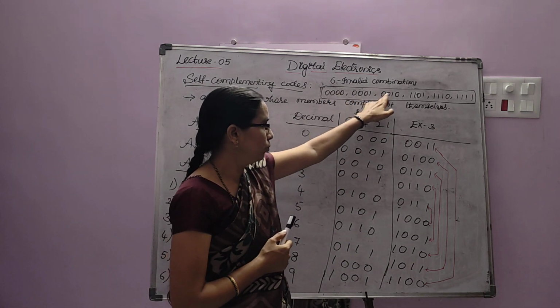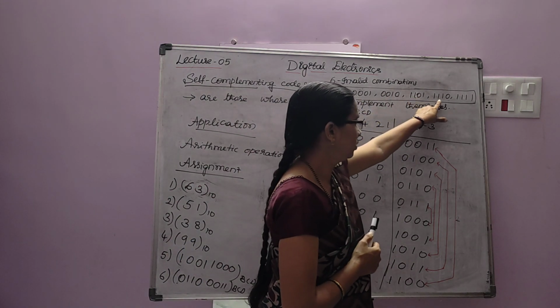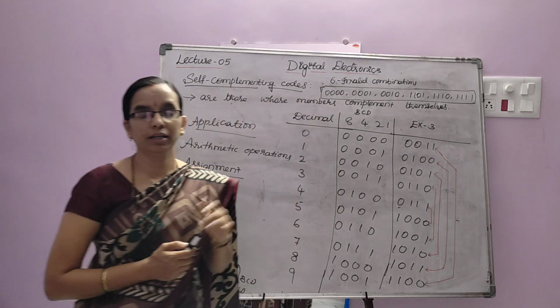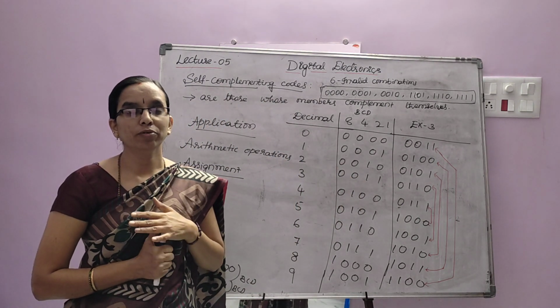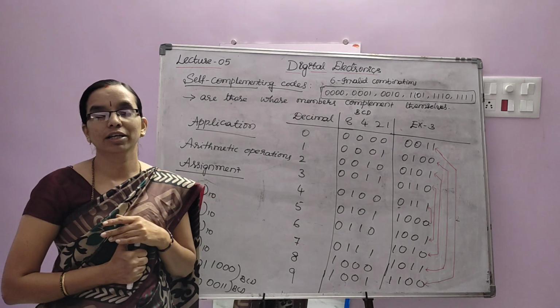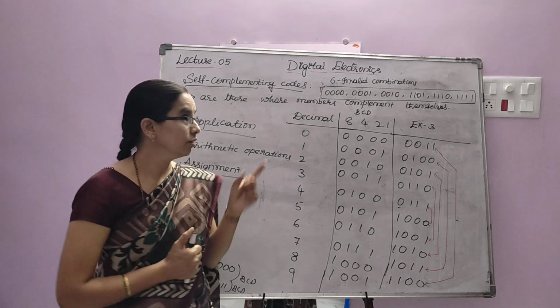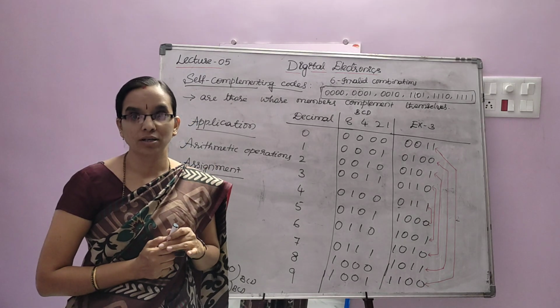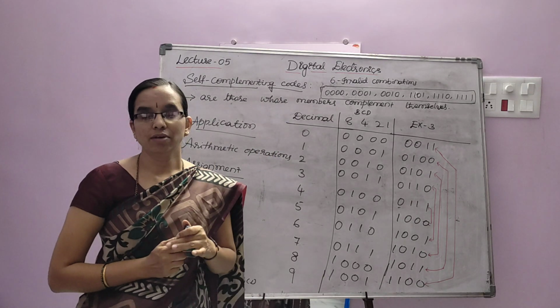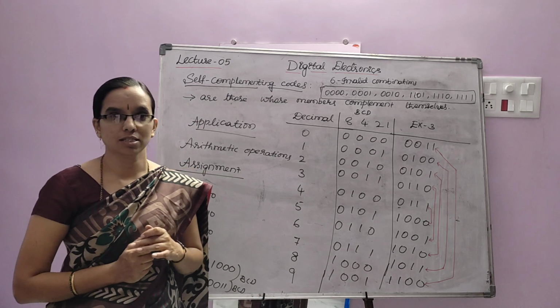The binary equivalents of 0, 1, 2 and 13, 14, 15 are invalid combinations. If you are performing any conversion or representing any XS3 number and these combinations are there in your problem, then your problem is wrong. So these are the 6 invalid combinations in XS3 code.